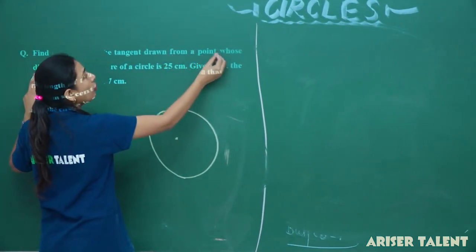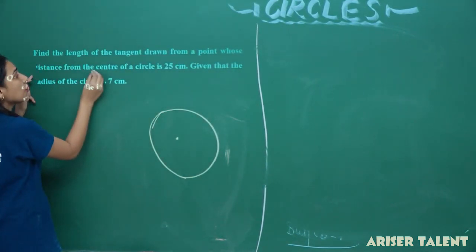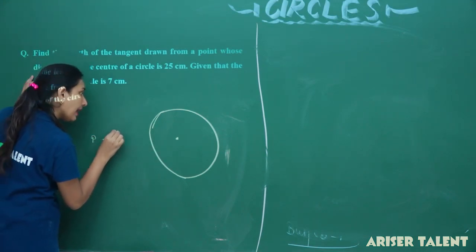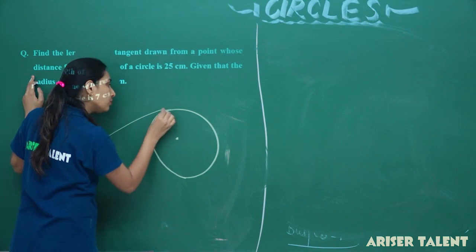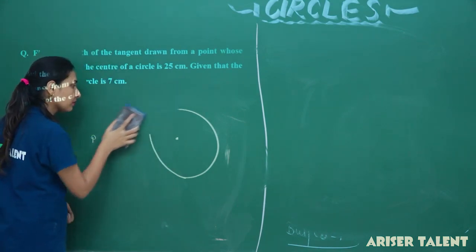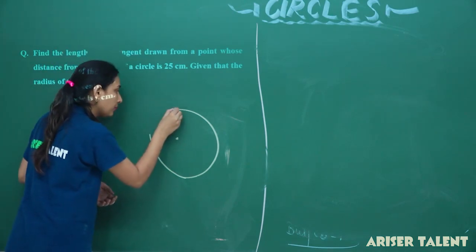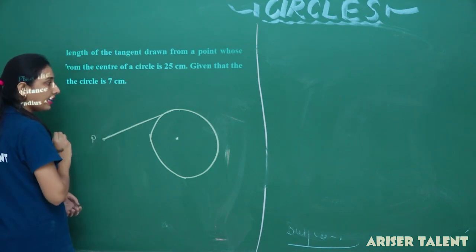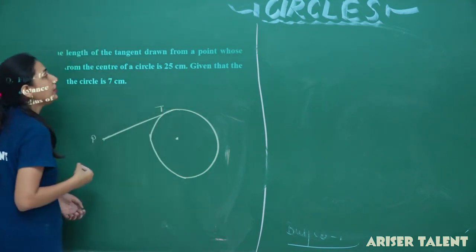So it is saying we are having a tangent drawn from a point whose distance from the center of the circle. This is our point P and we have drawn a tangent to this. Let's make it more clear. Okay. So, right. Now this is T, the tangent.